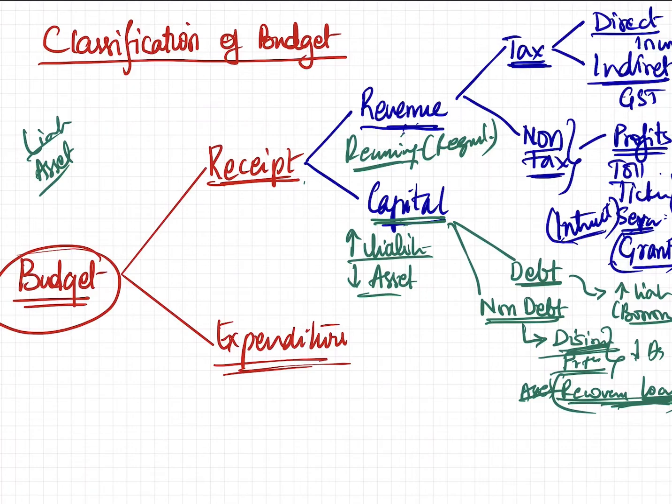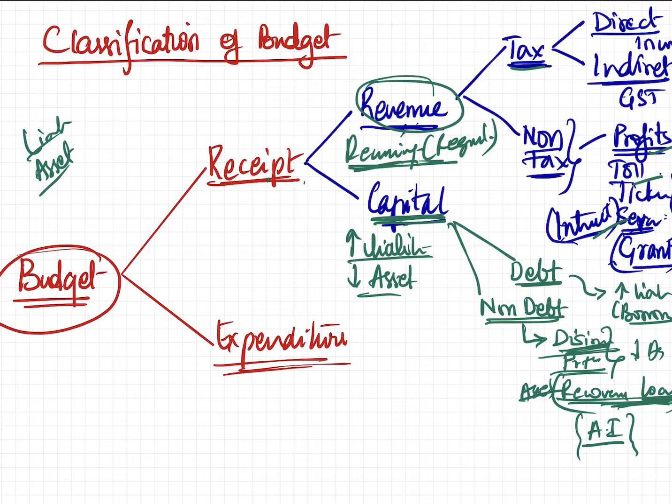Once you have disinvested, you can't keep disinvesting the same asset. Once the government sells away Air India, it is disinvestment. It cannot keep disinvesting the same thing again and again, right? Whereas taxes, it will keep collecting. Profits, it will keep getting. Tolls, it will keep getting. Interest, it will keep getting. So therefore, revenue receipts are usually recurring, whereas capital is not recurring.